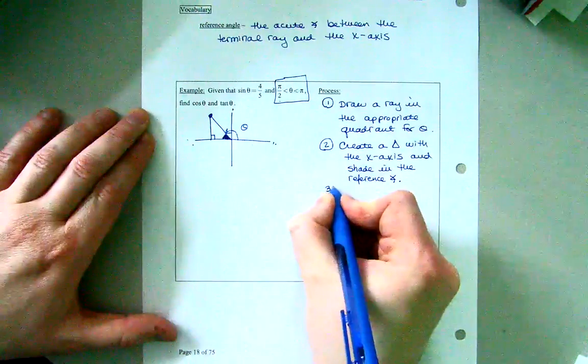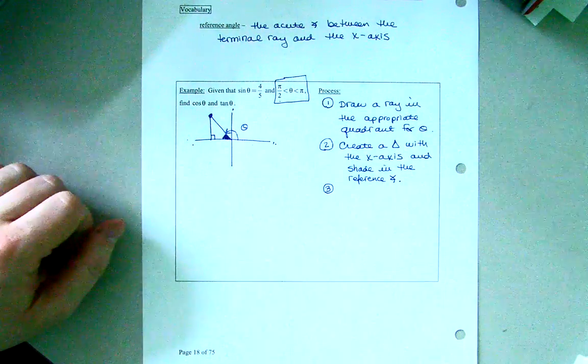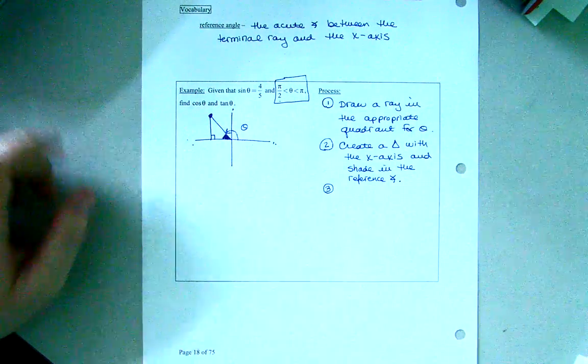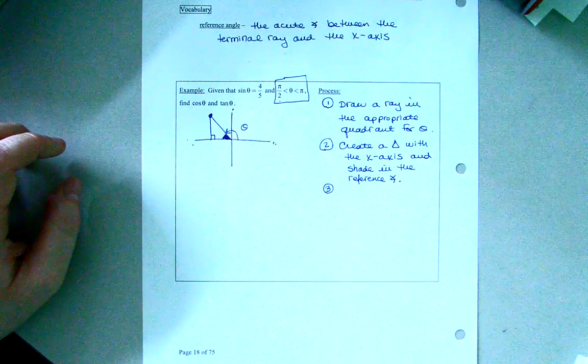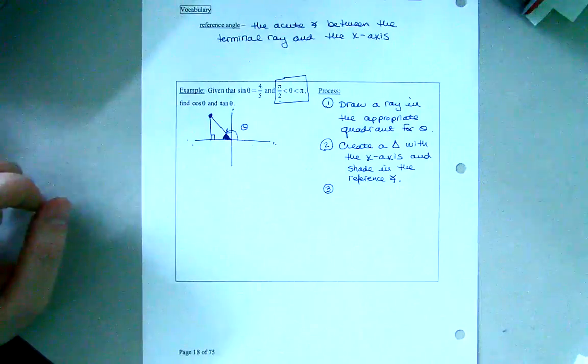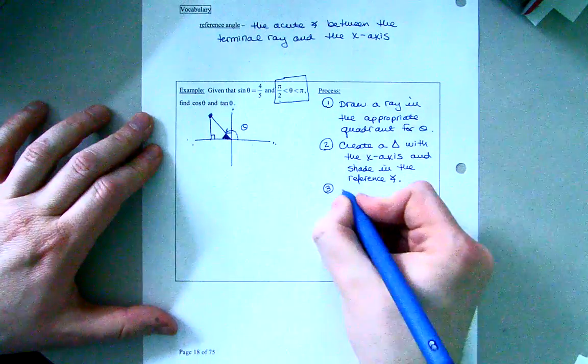Step 3. I told you that the sine of our angle was 4/5. I'm going to use SOHCAHTOA and the reference angle to fill in all the sides.